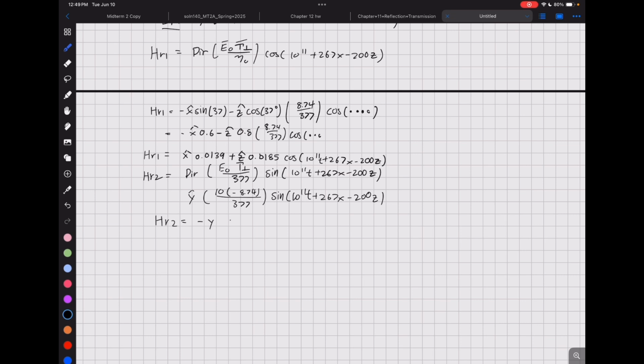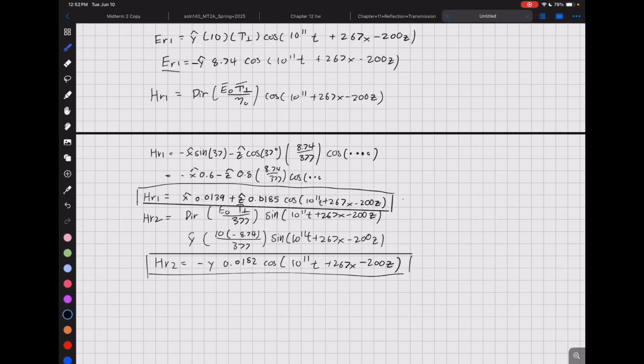Negative y 0.0182 cosine of 10 to 11 t plus 267x minus 200z. And that's going to be our H reflected 2. Oh yes, and these are in amps per meter. I forgot about that.